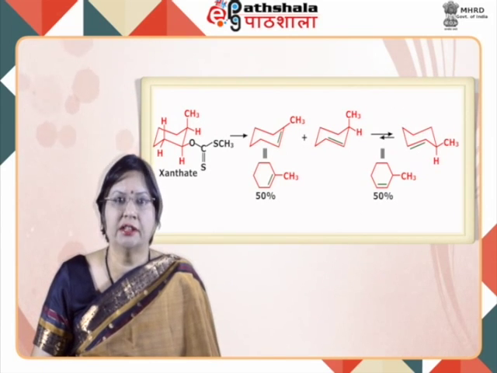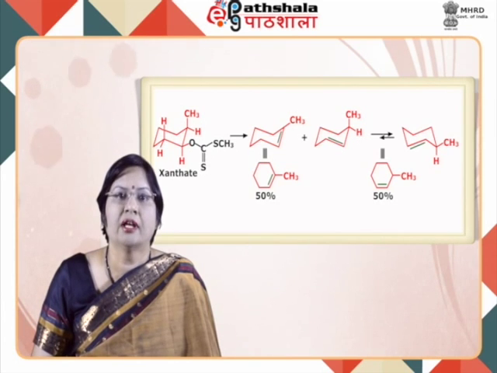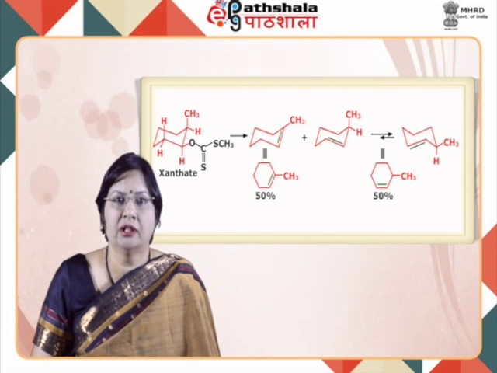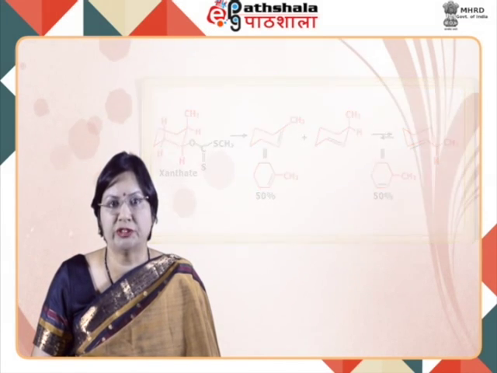You can clearly see here the OCS-SCH3 group, which is being lost, can be lost with this equatorial hydrogen or the other axial hydrogen. But out of these, the cyclic transition state will be favored when this group is in equatorial position.